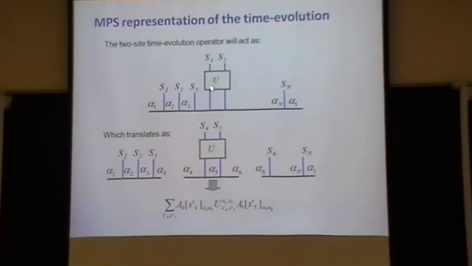Let's take these two neighboring spins, and it's a matrix and some operator, U. And this translates in a diagrammatic way into this piece to the left, this piece in the center here, and this piece to the right. And this is just some algebra, with this 2x2 matrix. So it's a very simple thing, and it's basically another way to write down what we did before with DMRG.